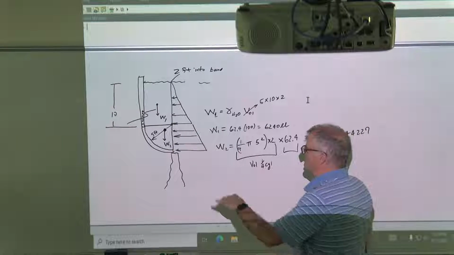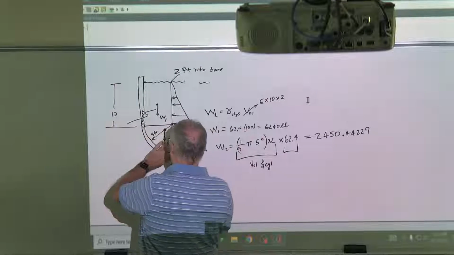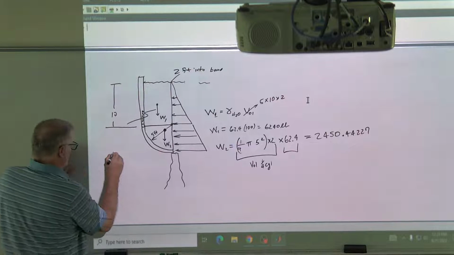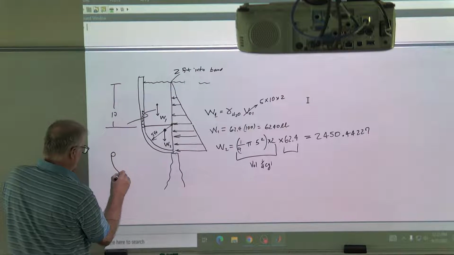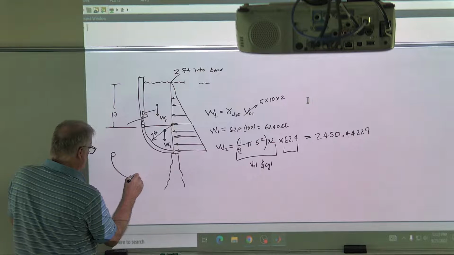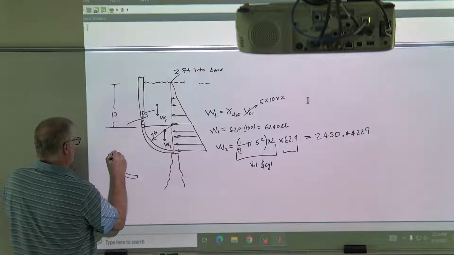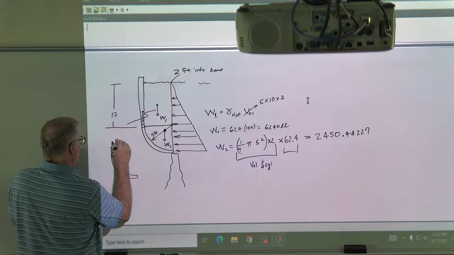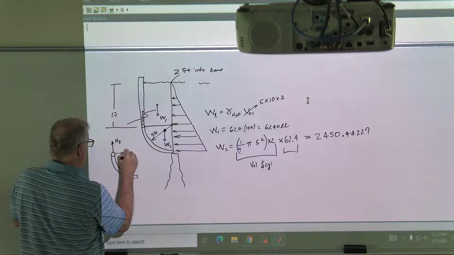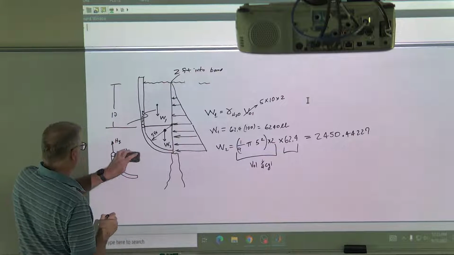Okay, so that's, if you did a free body diagram of just this gate now, what you would get, you'll get, of course, a hinge force, HY, and say HX. And let me put the HX on the other side.